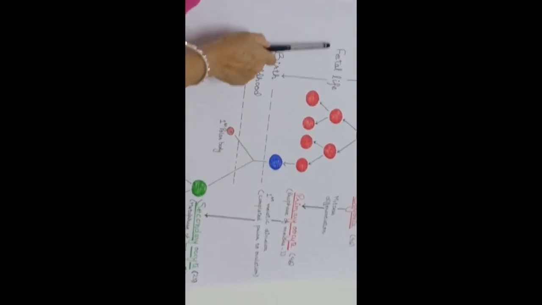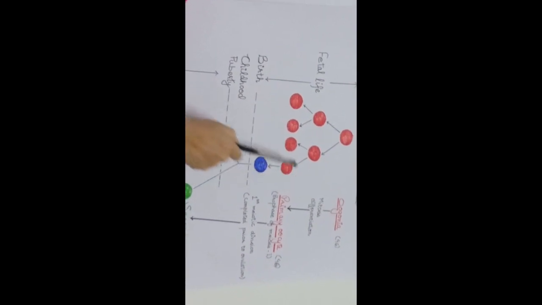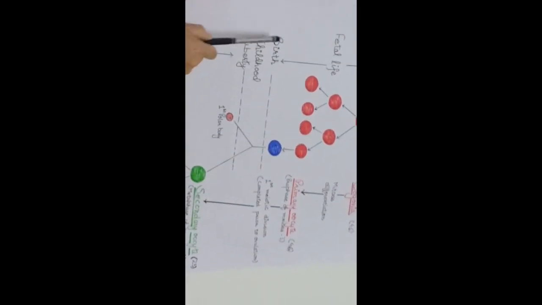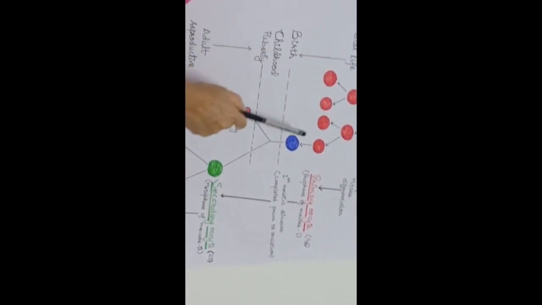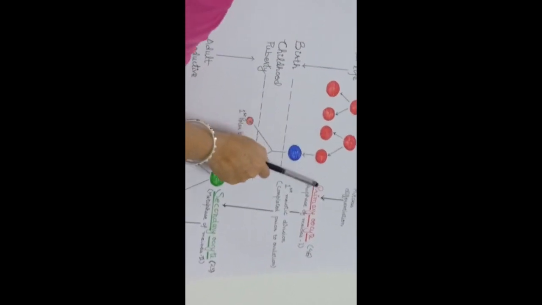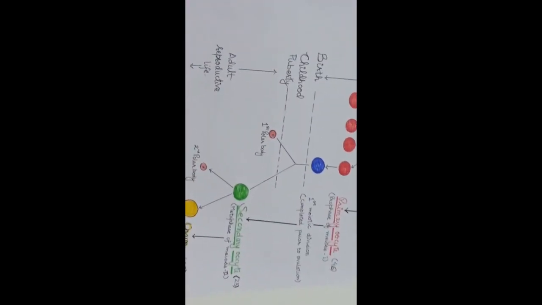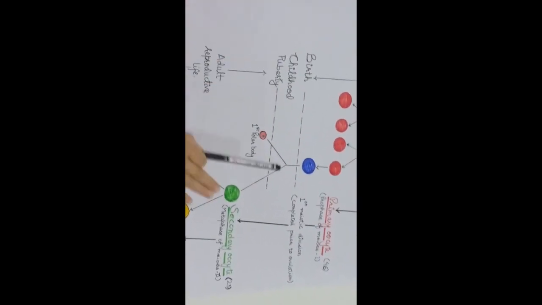The process of meiosis starts during fetal life, but it gets arrested during the prophase of meiosis 1. At the time of childbirth, in the ovary, the primary oocytes are present in the first meiotic division, which is arrested. From the period between birth to puberty, there is no change in the primary oocyte.